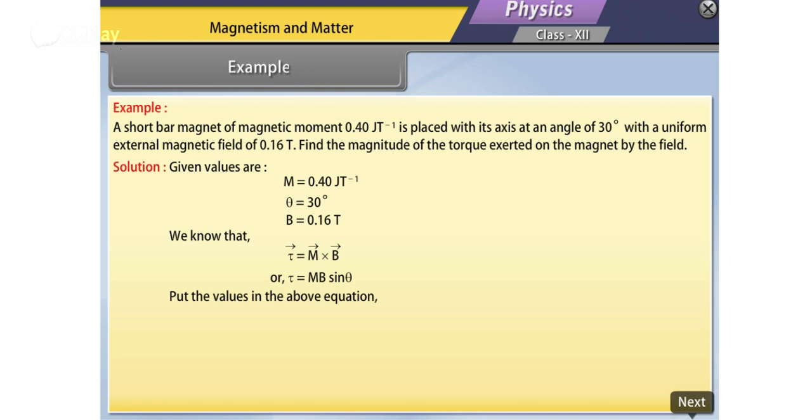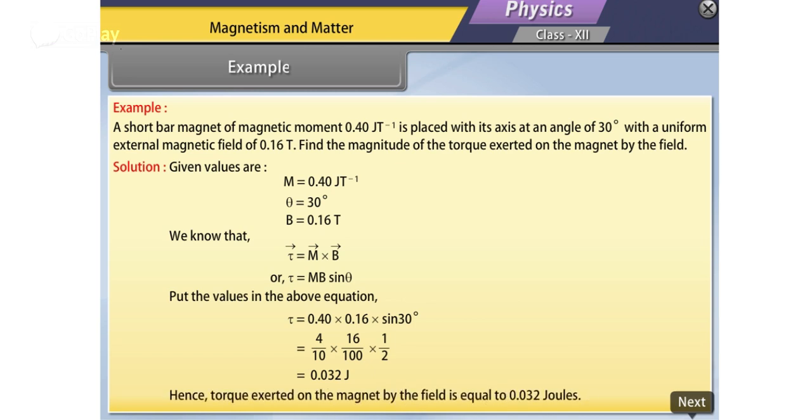Put the values in the above equation. τ equals 0.40 × 0.16 × sin 30 degrees. On calculating, we get the value of τ equal to 0.032 joules. Hence, the torque exerted on the magnet by the field is 0.032 joules.